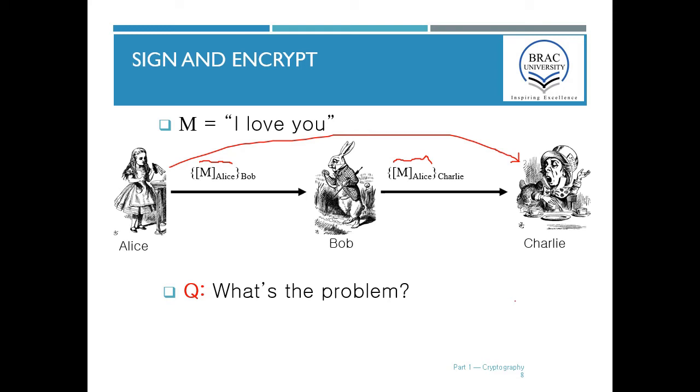This is the problem: because you sign it first and then encrypt it with Bob's public key, Bob can do that. So Alice thinks, okay, don't do signing and then encrypting again, let's do the encryption first and then signing. But we have nothing else to do, because this is how public key works.